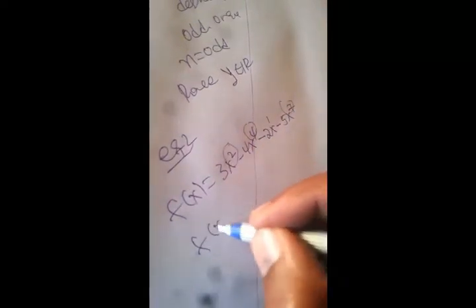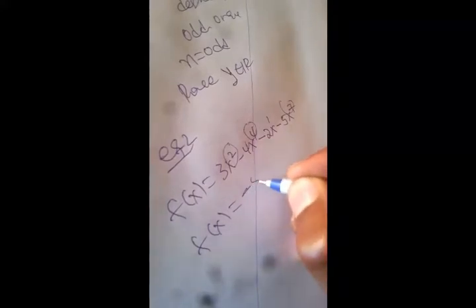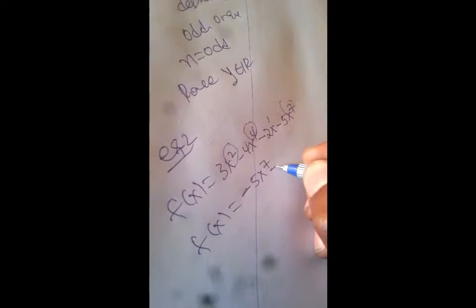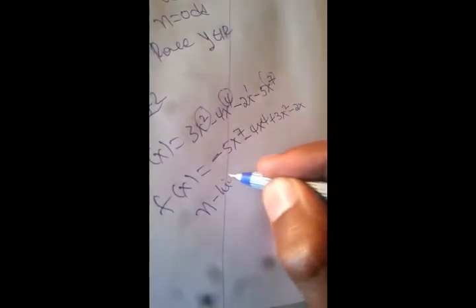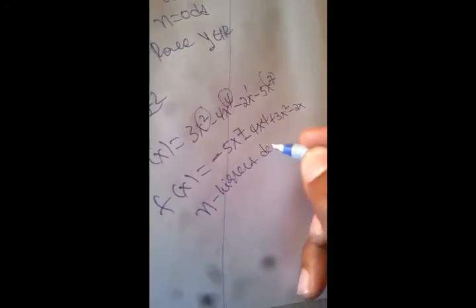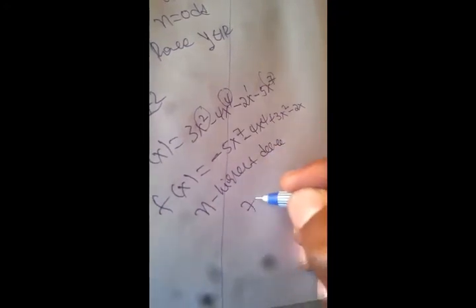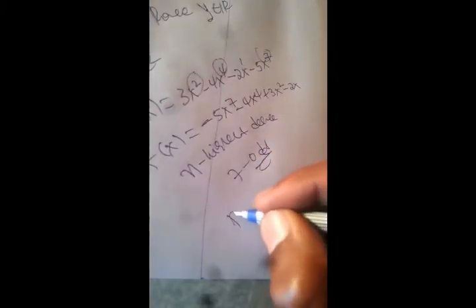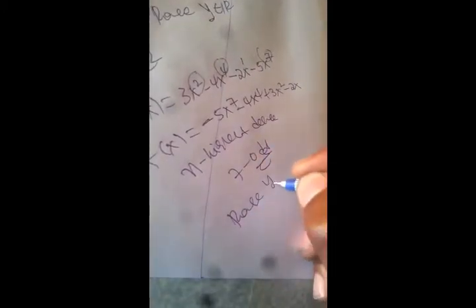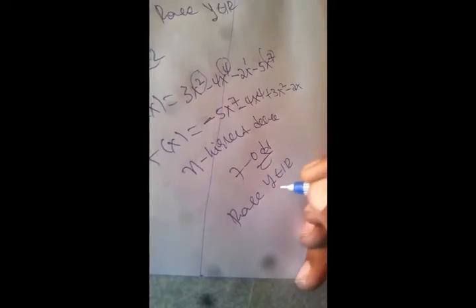Therefore, f of x can be rearranged like minus 5x raised to 7 minus 4x raised to 4 plus 3x squared minus 2x. Therefore, our n or highest degree will be 7. 7 is odd. If it is odd, range will be y, an element of real number.